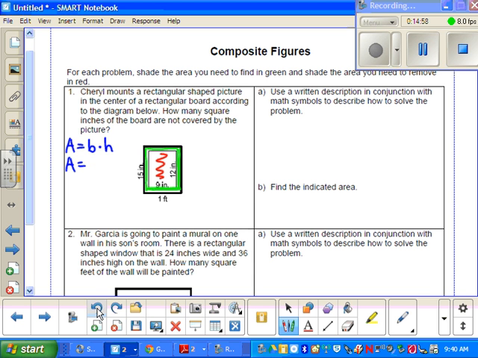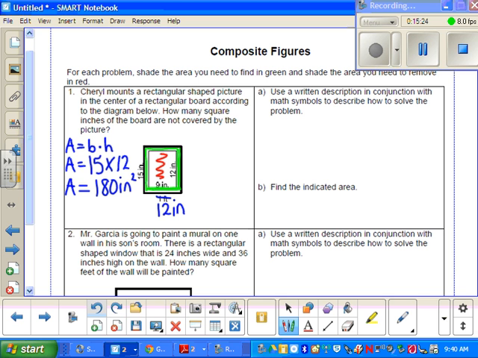So we're going to do 15 times 12 instead of 15 times 1, and that would be our area in inches. They try to trick you like that. So 15 times 12, I get 180 inches squared. That's for the whole big one.